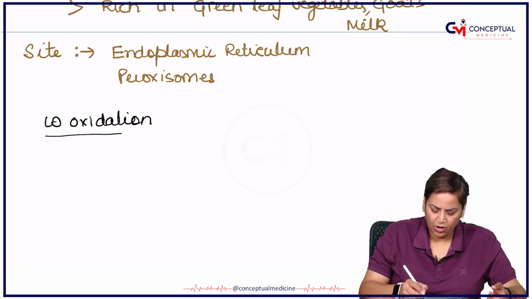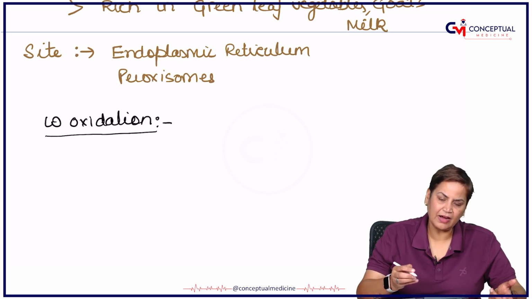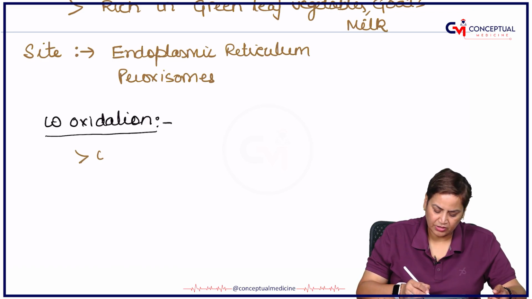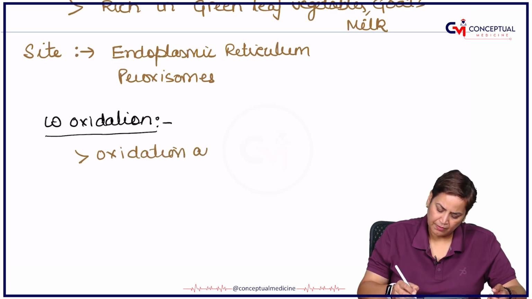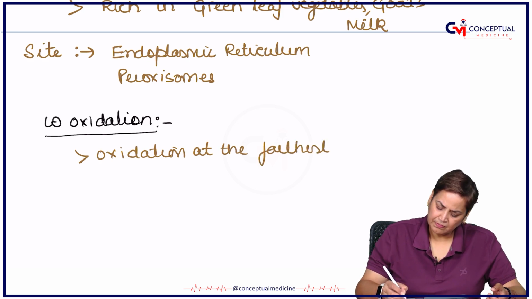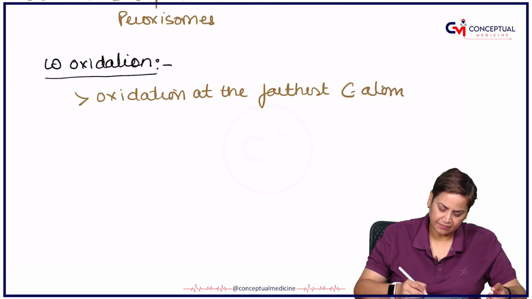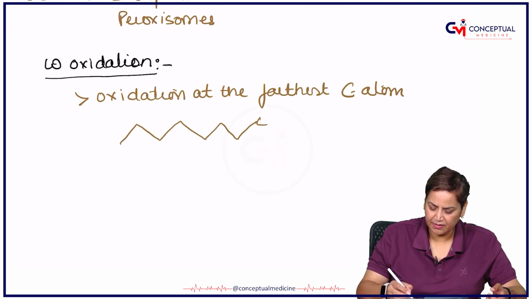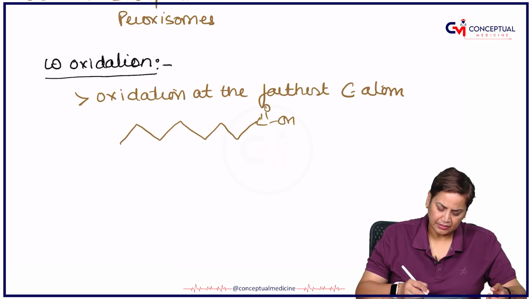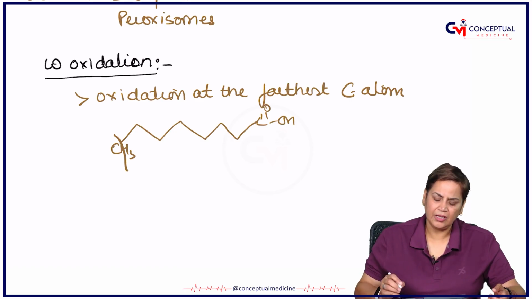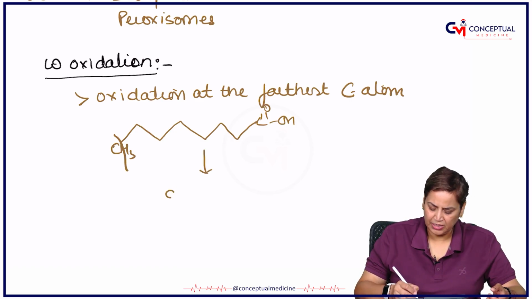Now, what is omega oxidation? We know that the farthest carbon atom. So, you can say oxidation at the farthest carbon atom. So, we can say that if suppose this is a fatty acid, this will undergo oxidation and it will always lead to dicarboxylic acids.